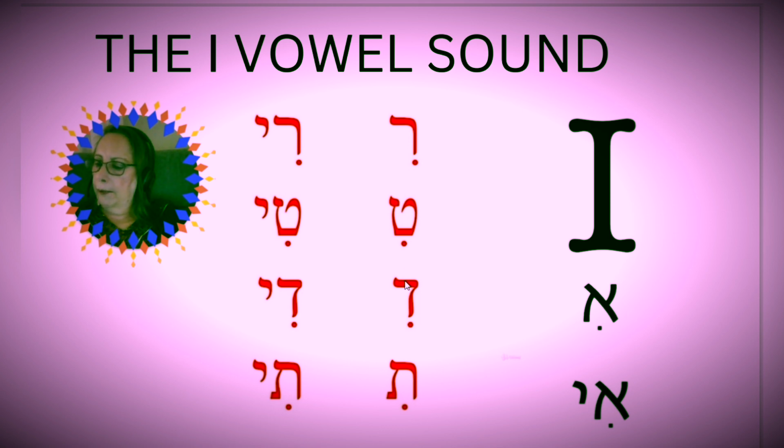And we have D, and T. There's the other T. Ri, T, D, and T. So these two are the same.